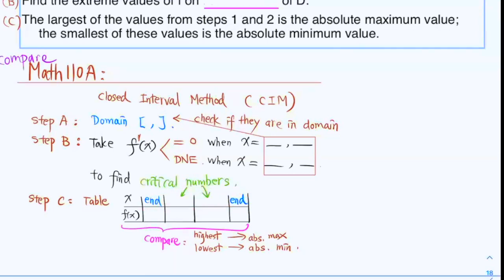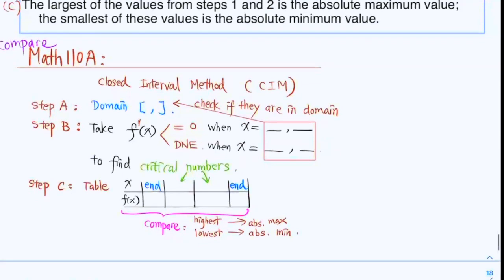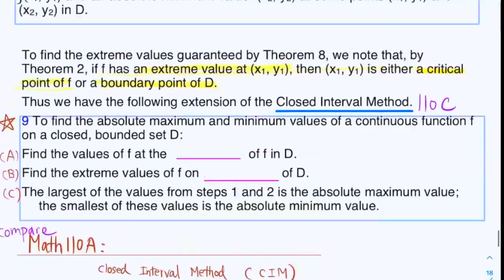After that, you substitute those x values and compare the function values at all of them. Whatever is highest is the absolute max, and whatever is lowest is the absolute min. So that was the closed interval method for a function of one variable on a closed interval. I call it CIM, so it's not CIA.